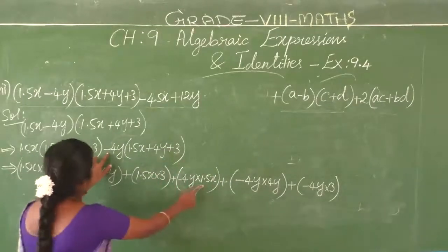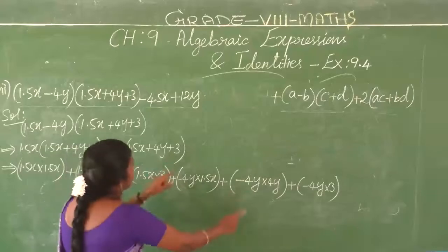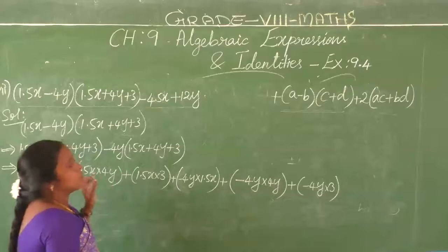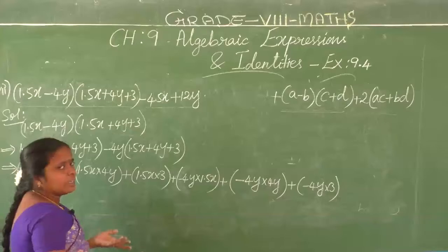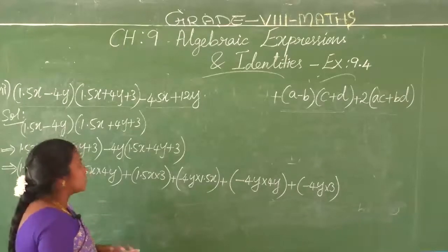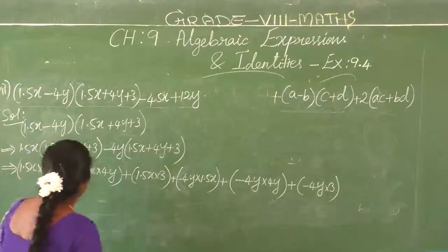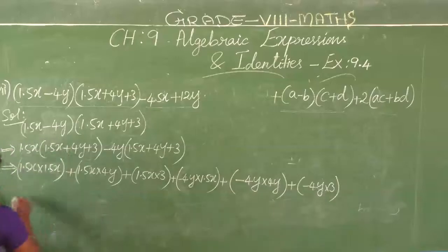Minus 4y into 1.5x, minus 4y into 4y, minus 4y into 3. Again I am checking slowly. Suppose unknowingly you leave any one part, the final answer will collapse. It will come wrongly. So check a few seconds before going to calculate. Clear? Whether we have taken all the parts in proper way or not.